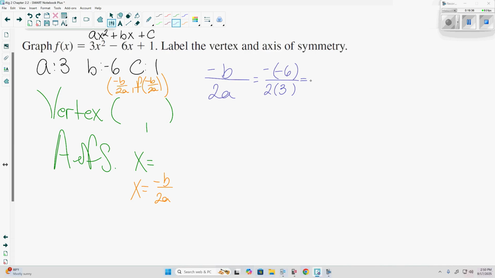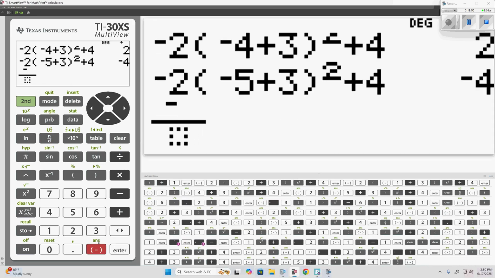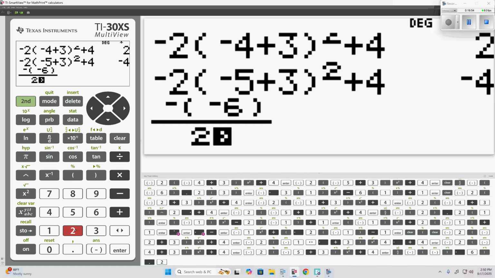Negative 6 is 6. 2 times 3 is 6. 6 divided by 6 is 1. Or we could have plugged it in the calculator and also gotten 1.